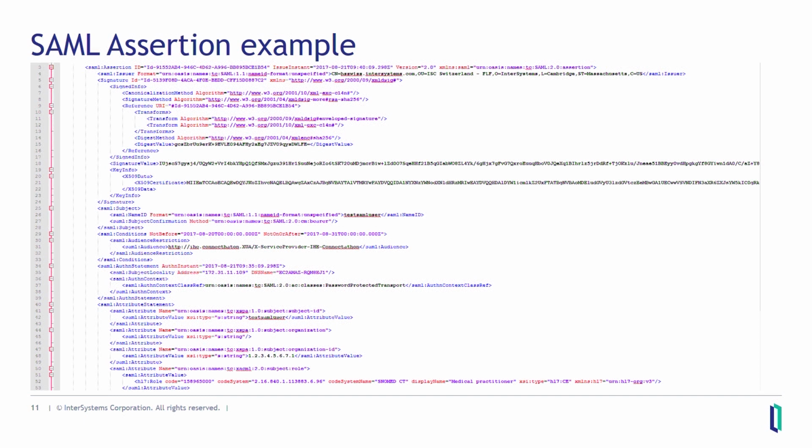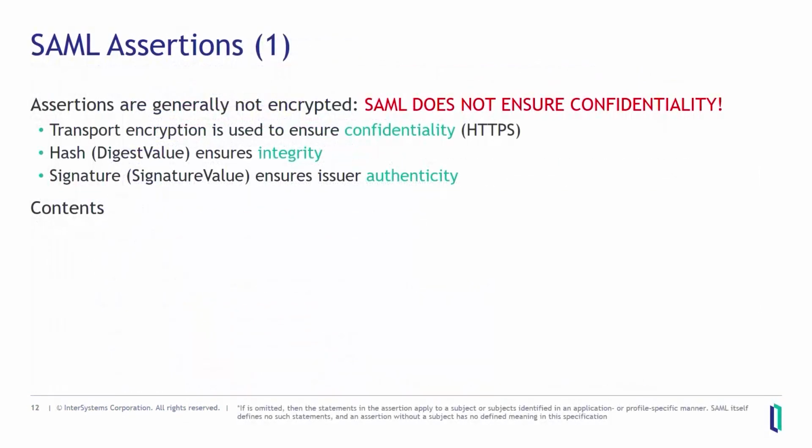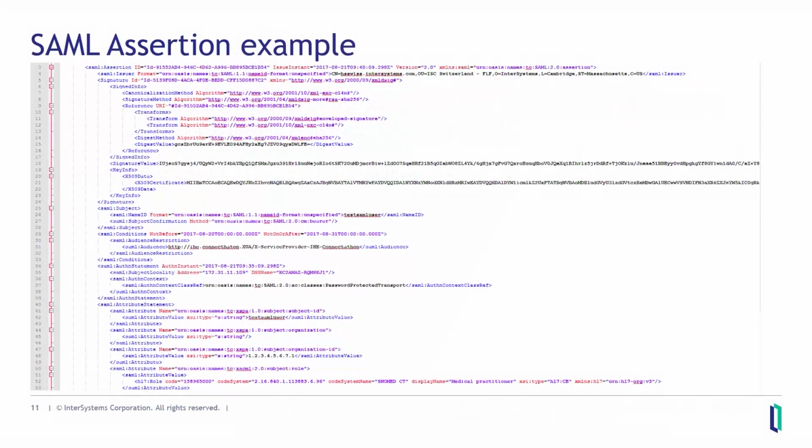This is an example, but this is sort of the bulk picture of an XML containing a SAML assertion. And so I'm going to go through the details of different pieces. First thing is that if you were able to read a little bit of this, the first thing you may have noticed is that it's actually plain text.